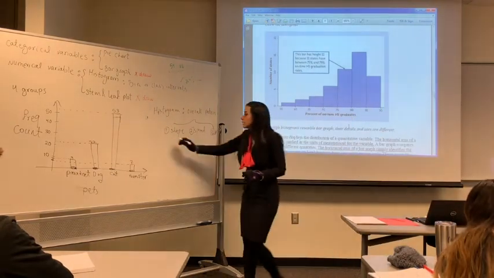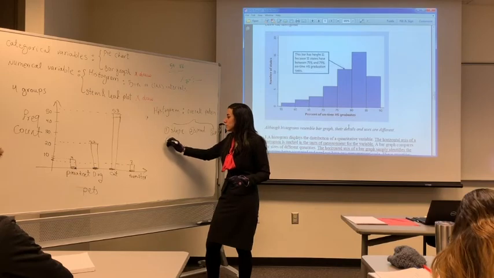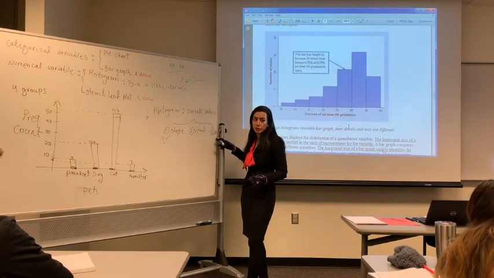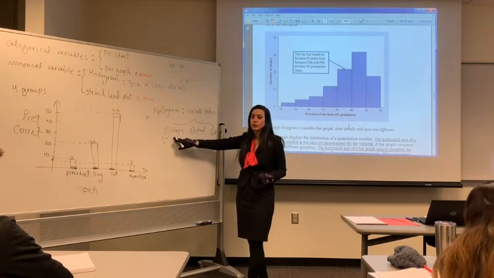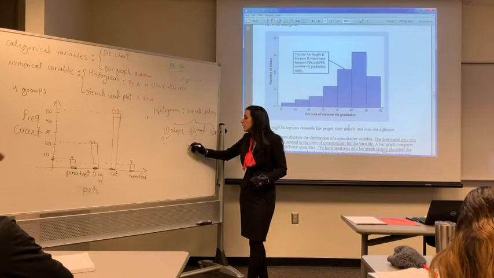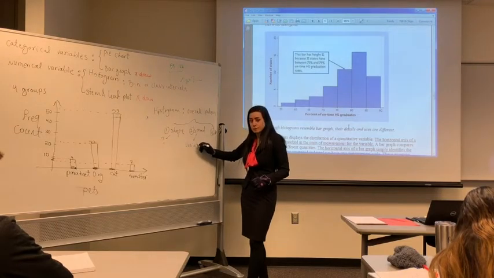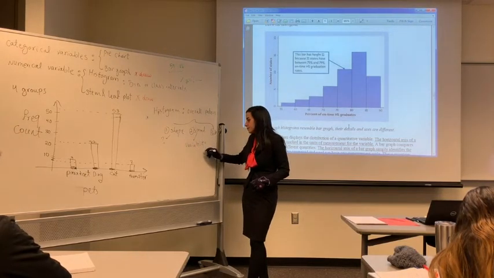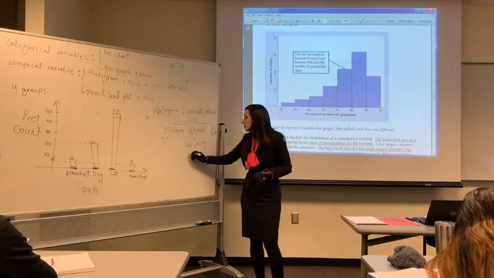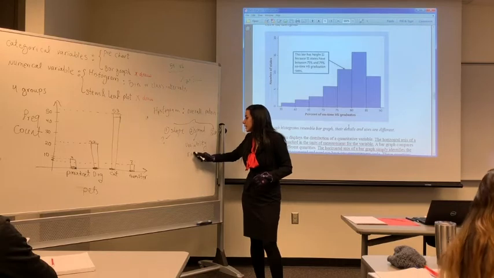So now I will explain the shape at the end. After I talk about spread and center, I will talk about shape, because you should know this in detail. Spread or variability. Variability of the histogram. Or at some point you will see range.